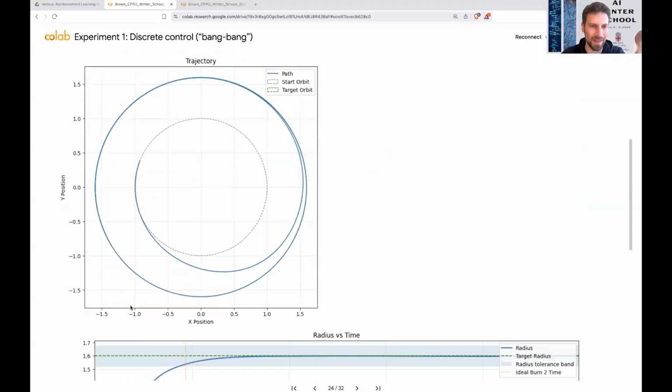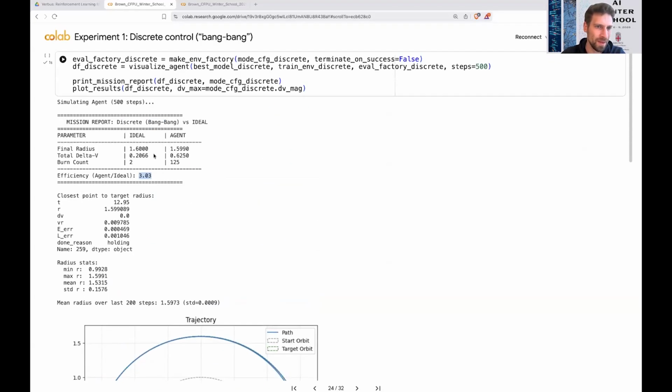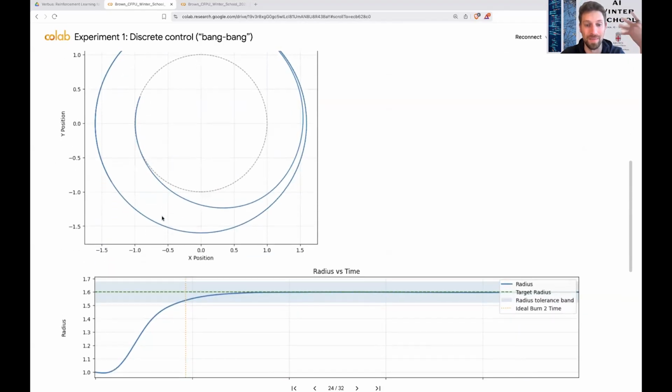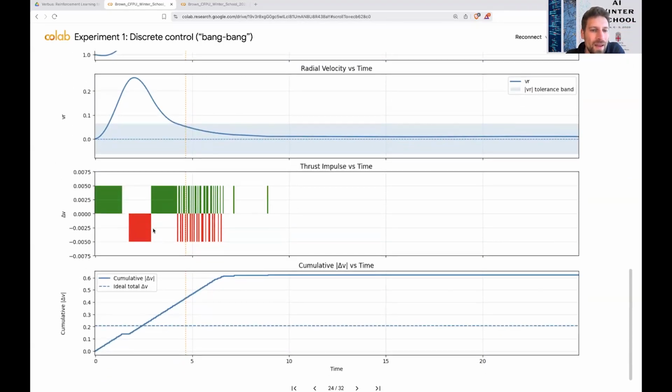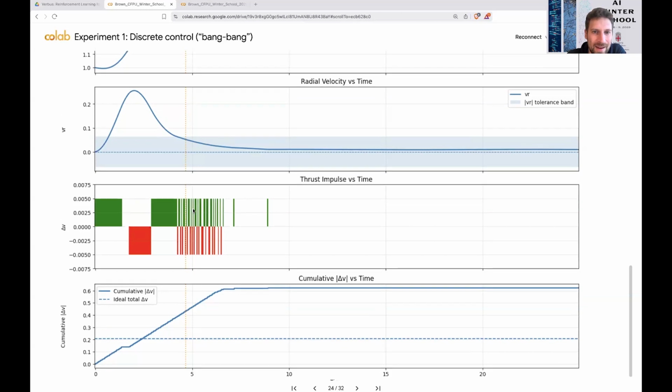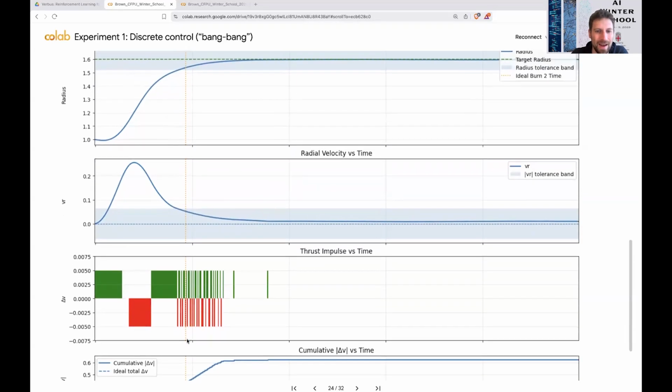And that's probably where we're getting this factor of three less efficient result compared to the analytic solution. And then there's some chattering here back and forth, I think, as it converges, where it's fine tuning, prograde, retrograde with tiny little nudges to get to the right orbit.